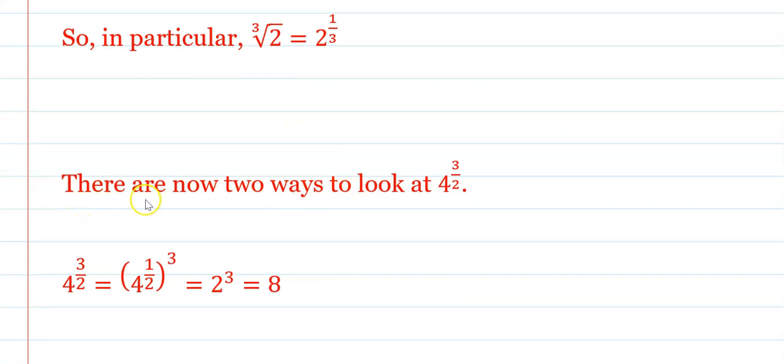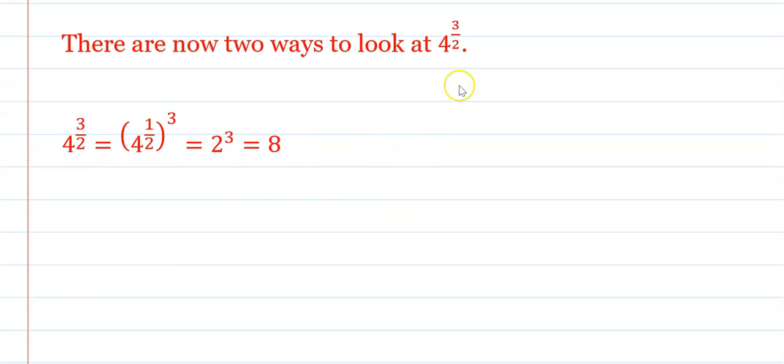Now there are two ways to look at 4 raised to 3 by 2. Now this 4 raised to 3 by 2 can be written as 4 raised to 1 upon 2 and whole bracket raised to 3.